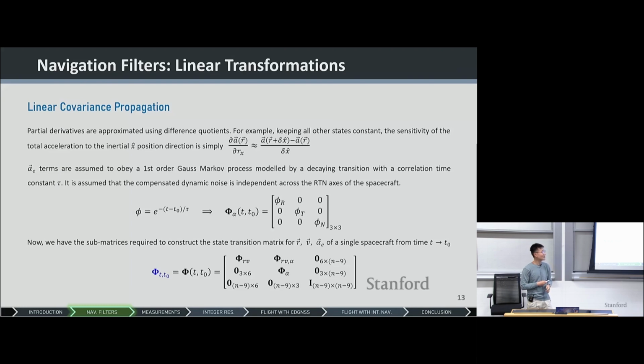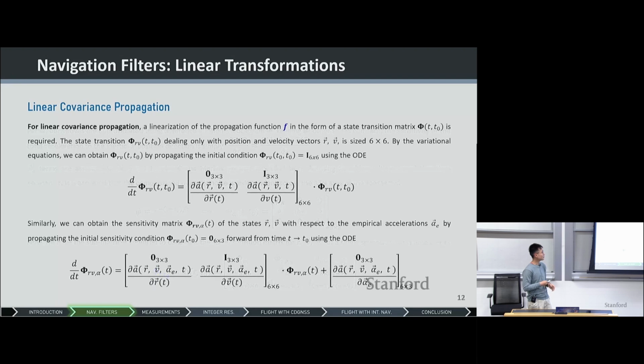What is the perturbed effect on your force model when you take the finite difference between your original state in position and your position plus some perturbation, divided by your perturbation interval? And so this gives you a numerical approximation for the sub-blocks of your Jacobians. And this is what we actually do in practice.